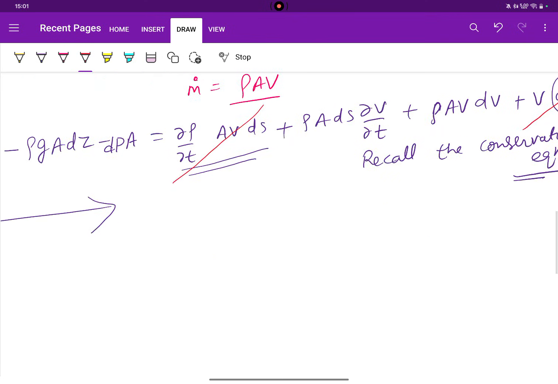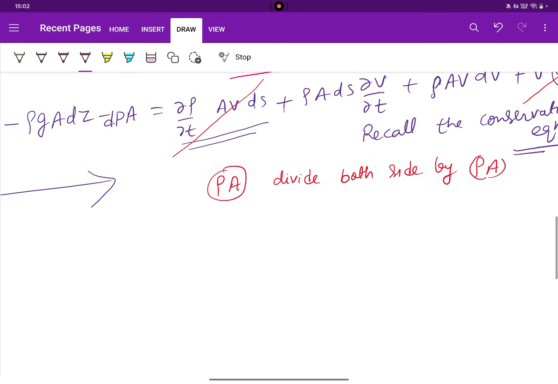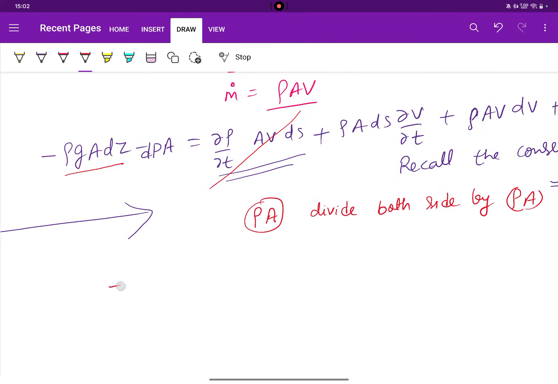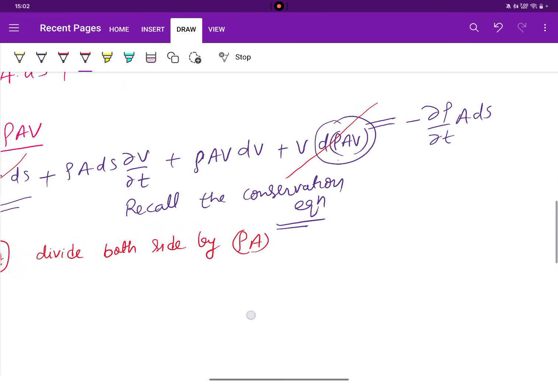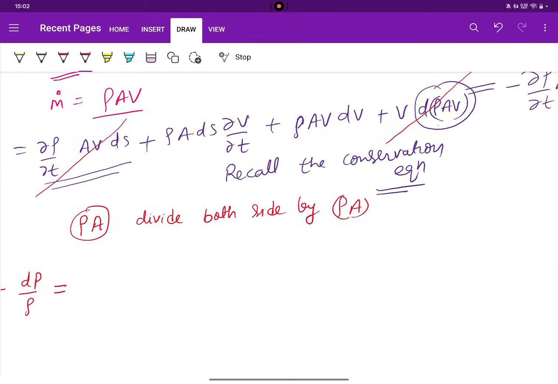Okay, and what is remaining? Let's also, at this stage, divide both sides by rho into a. What is remaining here? If you divide, minus g dz minus dp by rho is equal to, since you have divided by rho a, partial v by partial t into ds plus v dv.